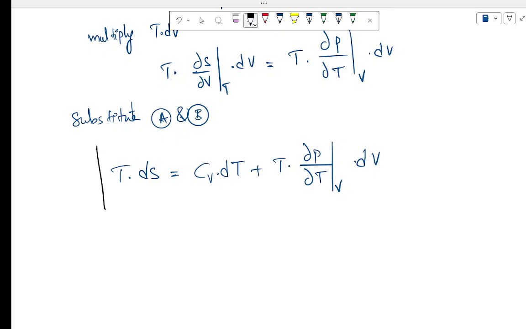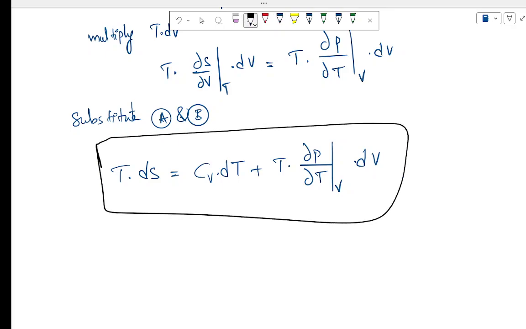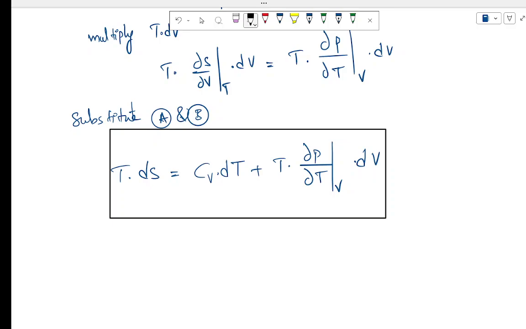So this is nothing but your TdS1 equation. If you observe this carefully, here you have only the constant volume thing. This is also a constant volume thing.